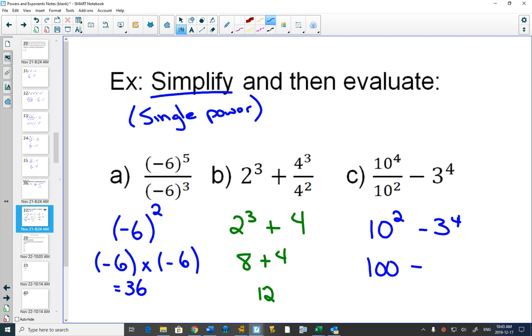Mental math, what is 3 times 3 times 3 times 3? Okay, and I'm going to do this to make it easier for you. 81. Right, because why did I circle the 2 3s? Because 3 times 3 is 9.